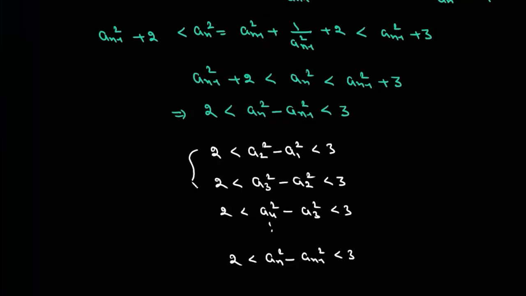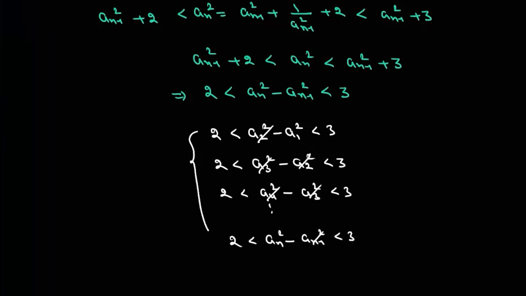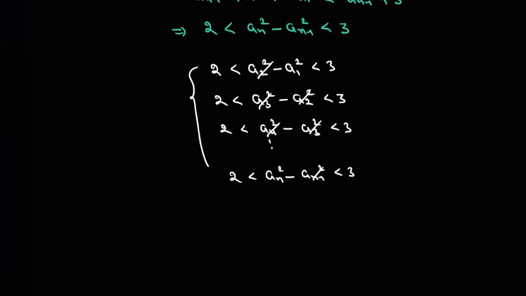Now if we add them all up here, this a2 square will cancel, a3 square will cancel. So all these terms will cancel. We can write 2 plus 2 plus 2, n minus 1 times. So there will be 2(n minus 1) less than an square minus a1 square, and will be less than 3 plus 3 plus 3, n minus 1 times, and there will be 3(n minus 1).